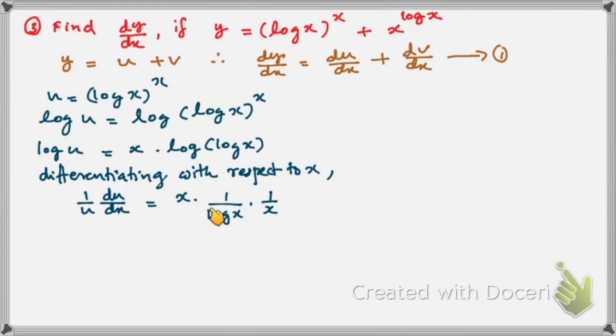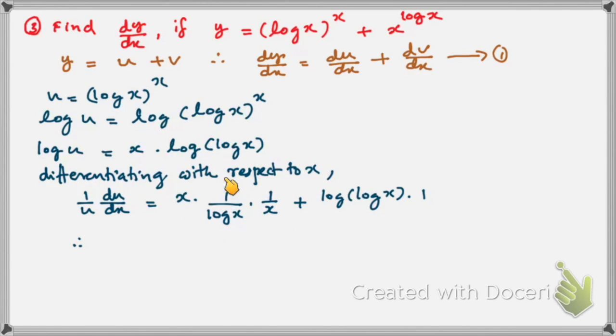The derivative of log of f of x is 1 by f of x into f dash of x. So for log x, it is 1 by log x into the inner derivative, the derivative of log x, which is 1 by x, plus the second function log log x into the derivative of the first, and the derivative of x is 1.